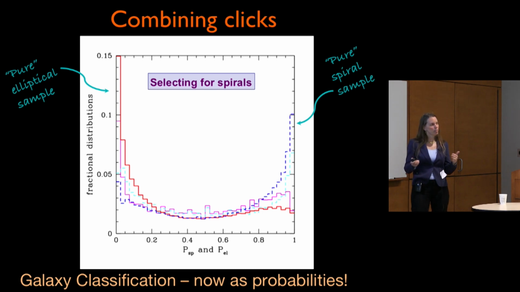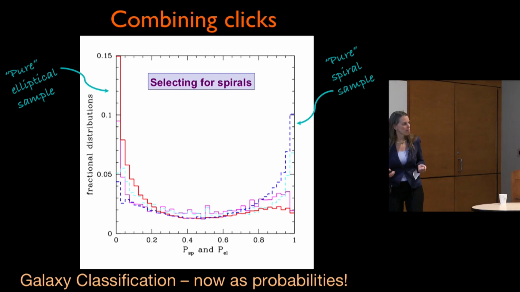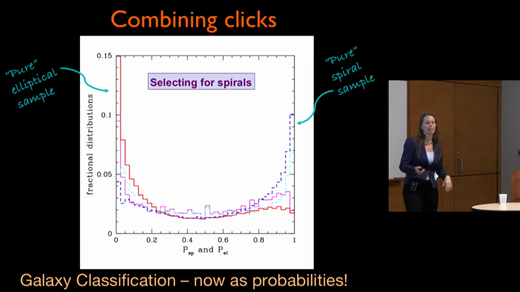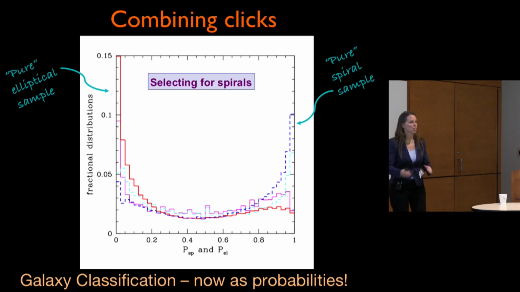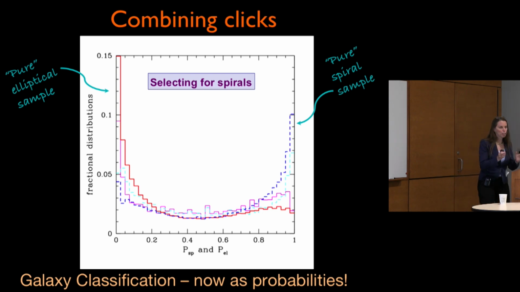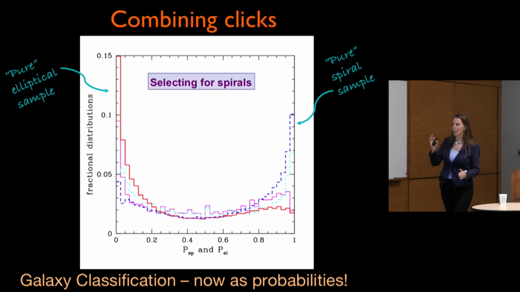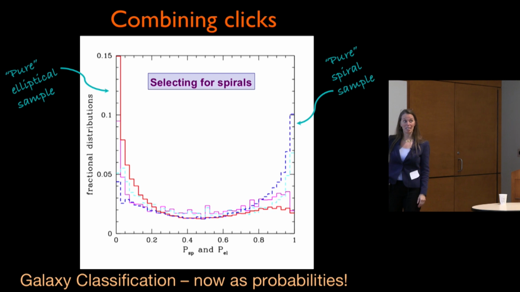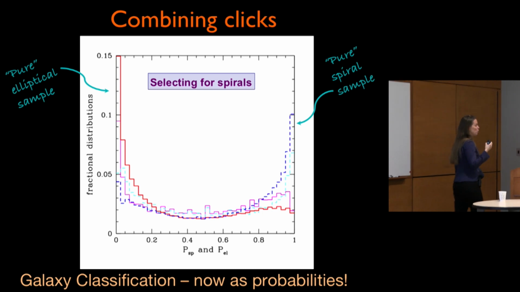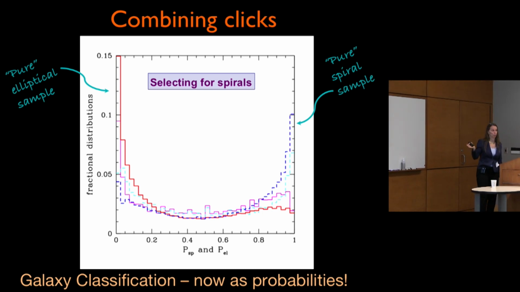But if I can have a little bit of noise, if I can have a few ellipticals in my sample, I'm going to maybe cut at 80% probability, just to increase the sample size a little bit. Okay. For the first time, we've been able to do what I would call even fairly simple data cuts on morphological classifications of galaxies, which is incredibly useful for studying galaxy evolution.